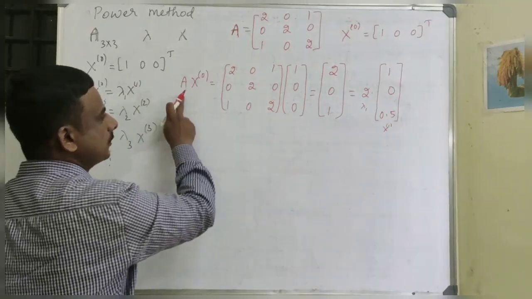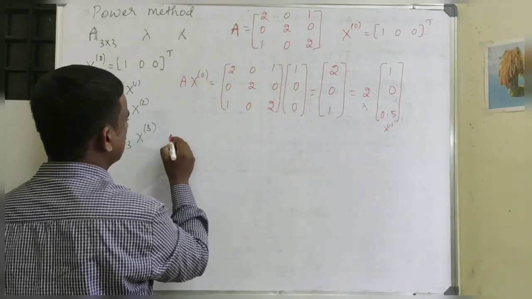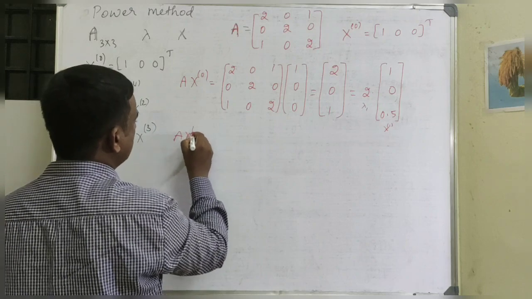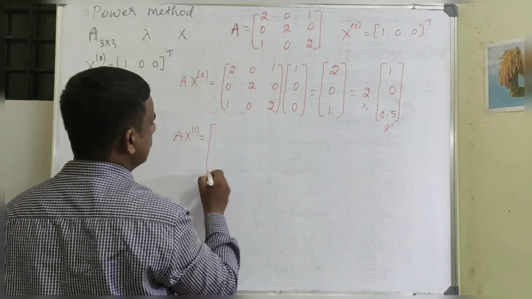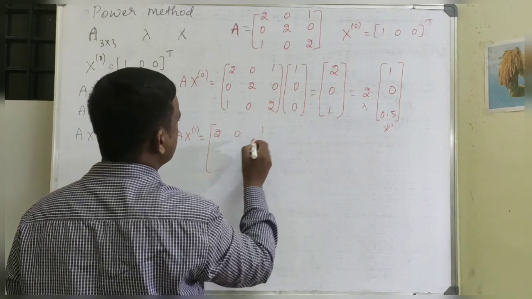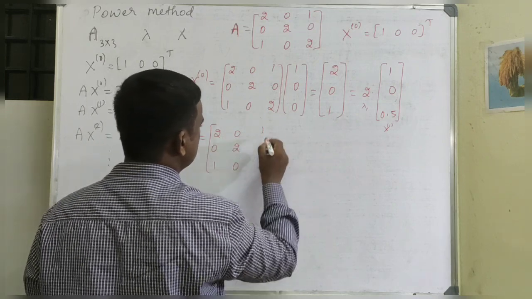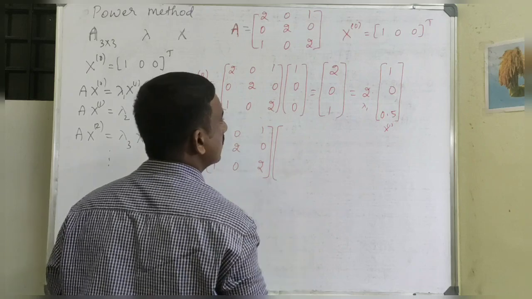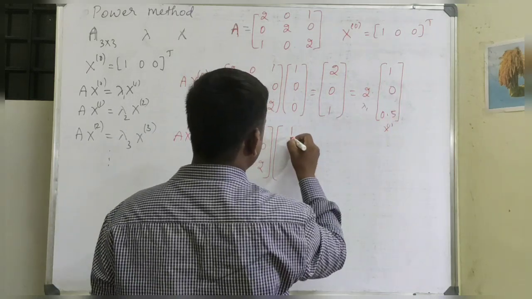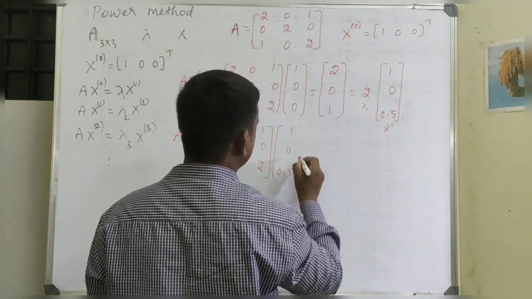Next take the product of A with this column vector. A x1 equal to 2 0 1, 0 2 0, 1 0 2 into 1 0 0.5.